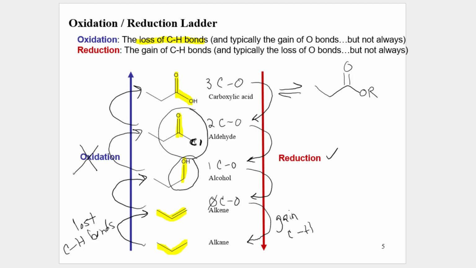Notice that the reduction is the gain of CH bonds. So the way we tend to do that, to reduce, if I need to add more CH bonds, H minus as a nucleophile or a hydride is one of the typical sources we will use to go down the ladder in reduction. I'm adding H's, adding H's, adding H's. So I just wanted to make sure you see how this is reducing our system.